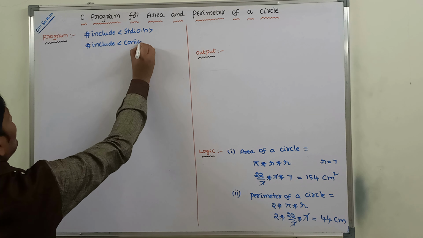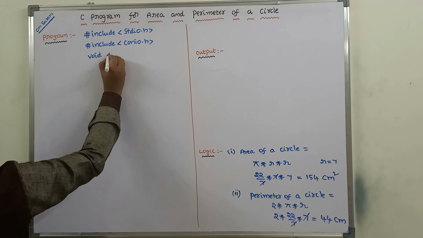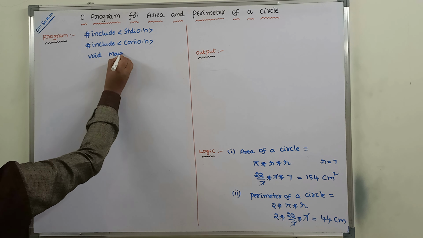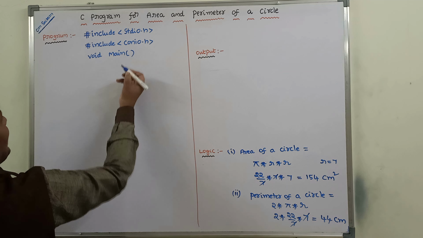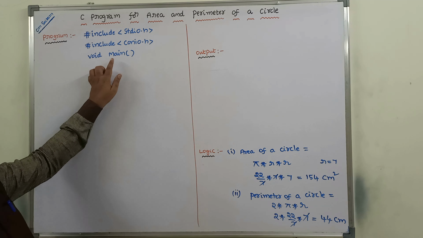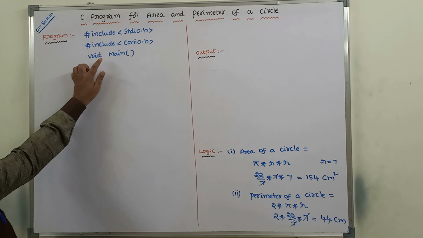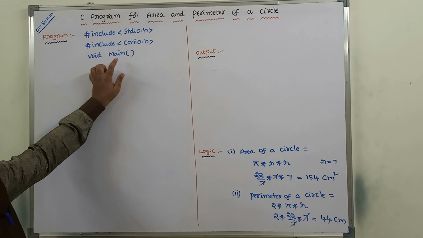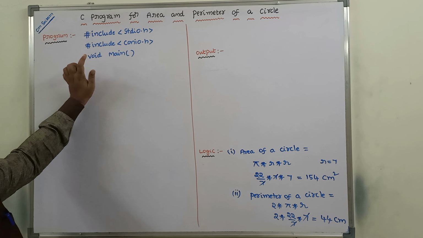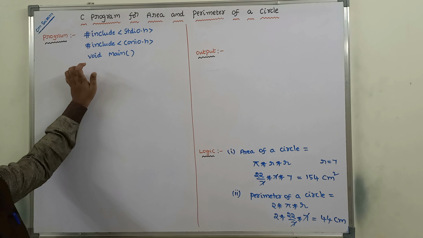Next, void main. Every C program starts its execution with the main function. The main function does not return any data type, so we write void before the main function. Void is an empty data type.